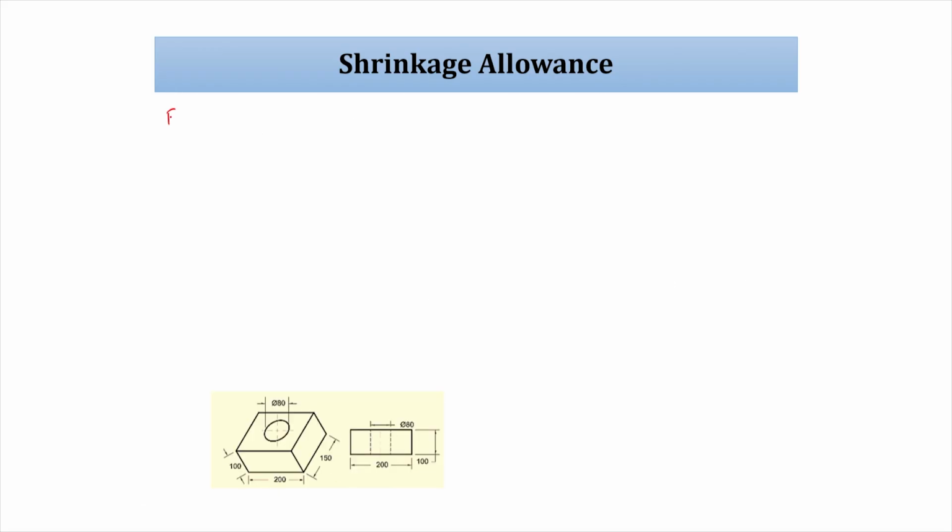For the plain carbon steel wooden pattern, for 200 mm, the allowance is 200 into 21 by 1000, which is 4.2 mm.